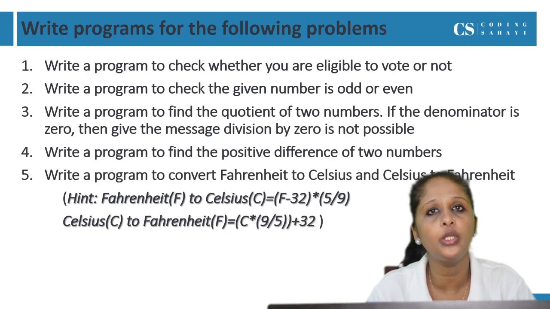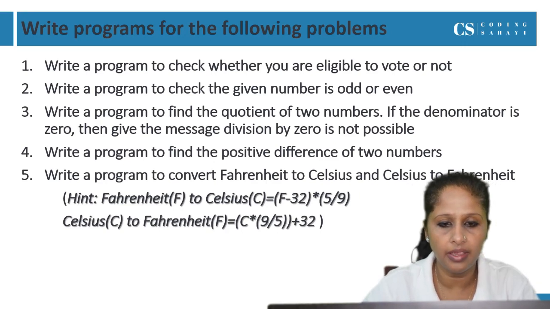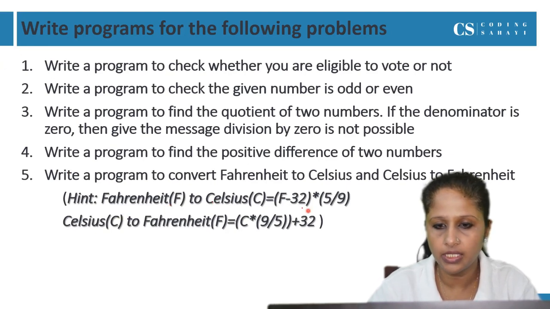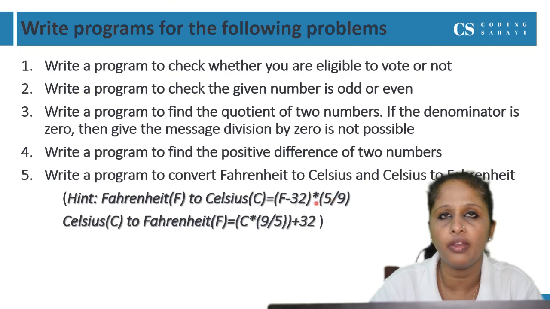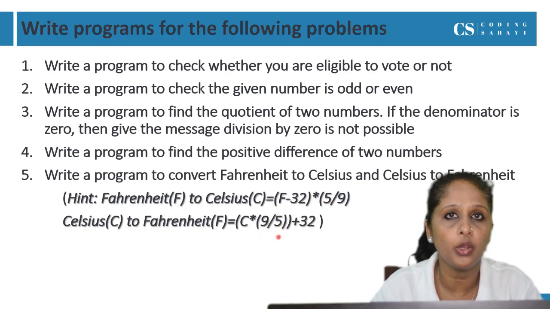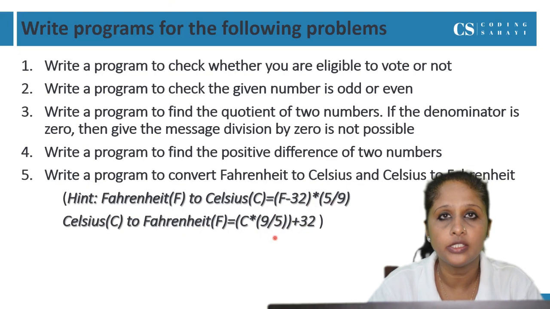So which option do you want to execute? Here we have the equation to convert Fahrenheit to Celsius, that is F minus 32 into 5 by 9, and Celsius to Fahrenheit is C into 9 by 5 plus 32. See, instead of 9 by 5 you can write 1.8 also. Okay, so let's do the program.